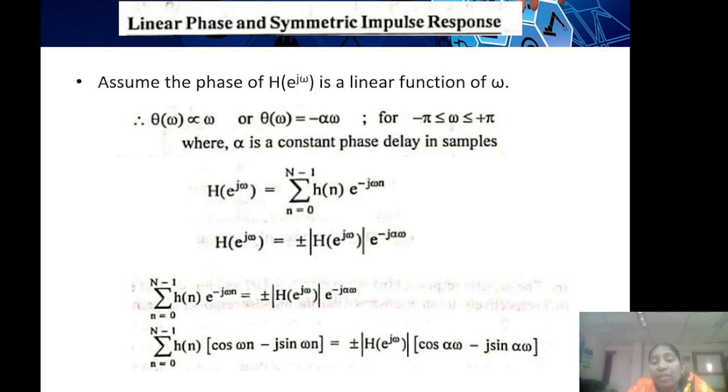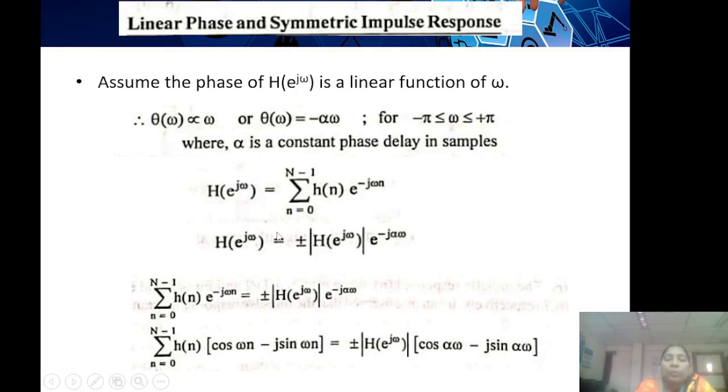So the magnitude function is nothing but plus or minus modulus of h of e power j omega, and the angle is nothing but e power minus j theta of omega. Already we have assumed theta of omega is minus alpha omega, so that's why we have substituted minus alpha omega in this particular equation. So now we have the frequency response of the filter, which has the magnitude function as well as phase.